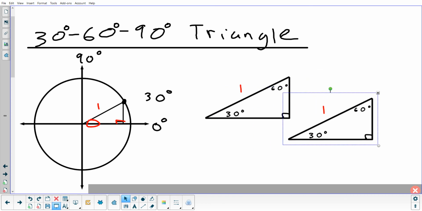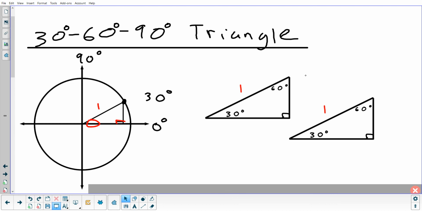Like that. That's my hint. Any thoughts on what I do with that? Yep. The other to make a square.